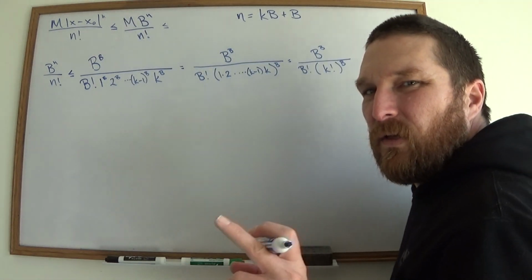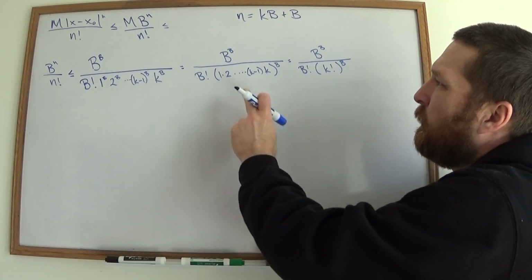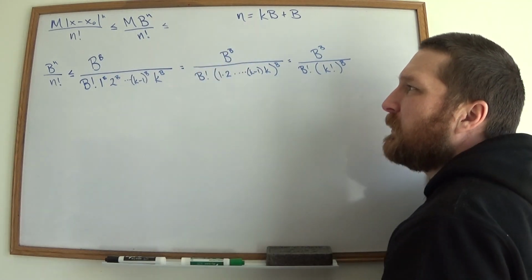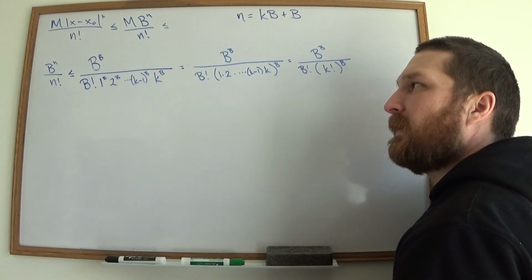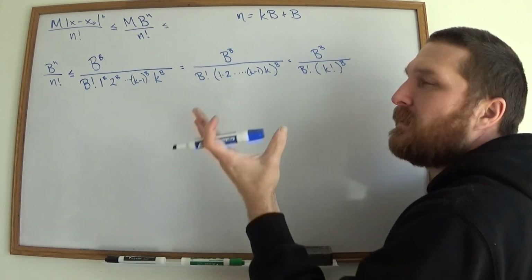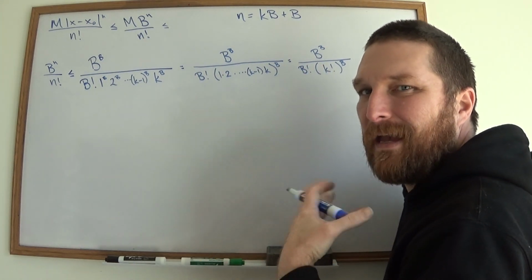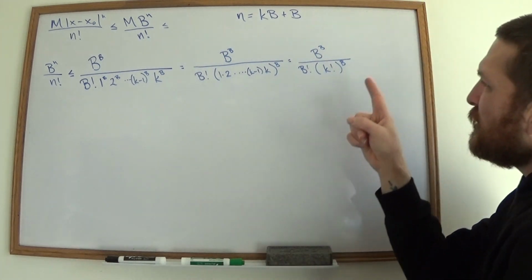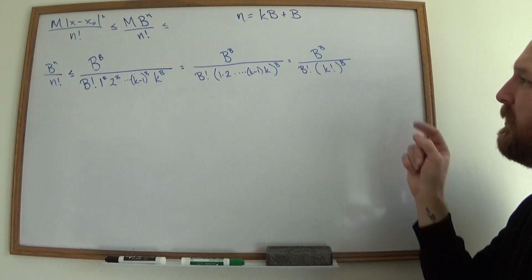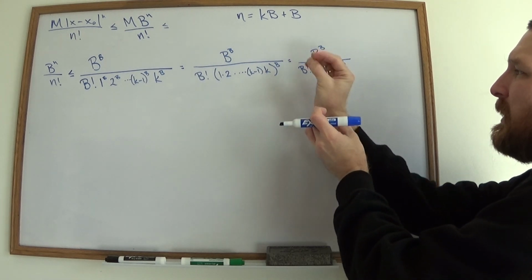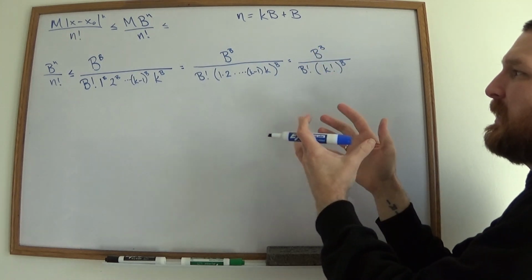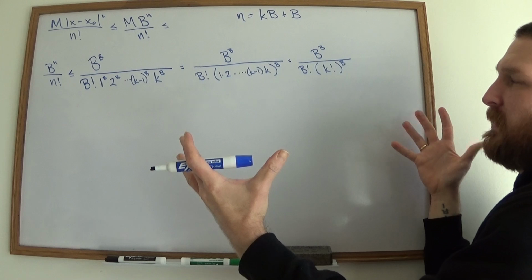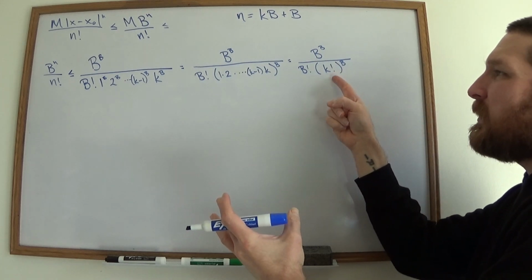Now, you might be wary to say, well, hold up, this numerator could be really, really big. Yeah, but that k is arbitrary. We can pick k as large as we want. So it should be the case that no matter how small we want to make this, we could just take k big enough. Now that's the only variable we have.